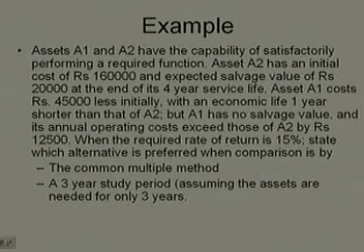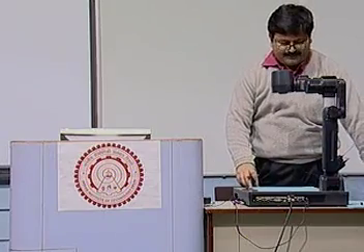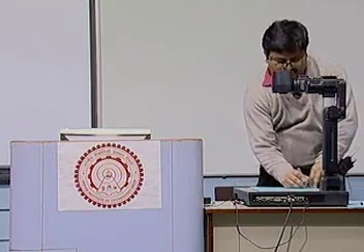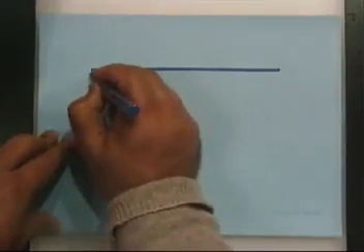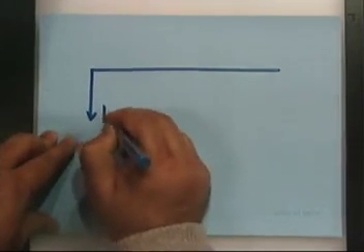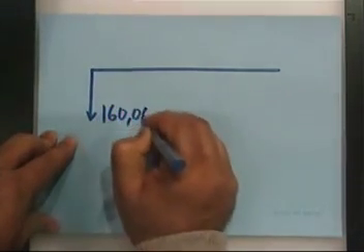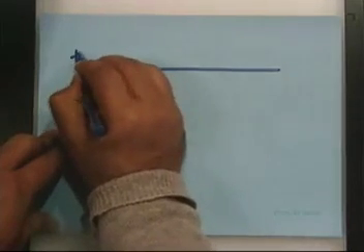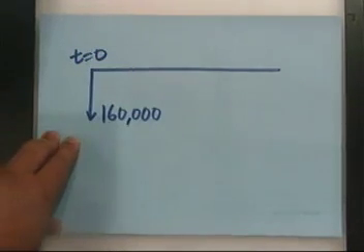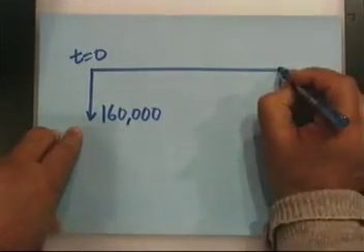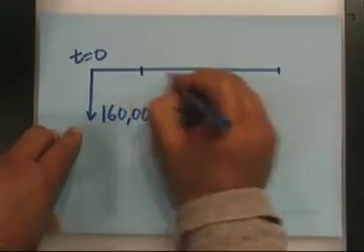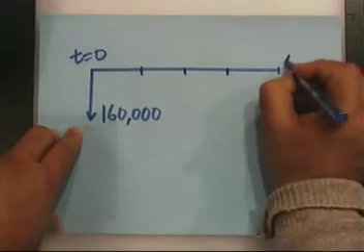Now if you try to see this in the form of a cash flow diagram, it would look something like this. For asset 2, it is costing you 160,000 at the beginning, time t equal to 0. It has a life of 4 years, so let us say 1, 2, 3 and 4.